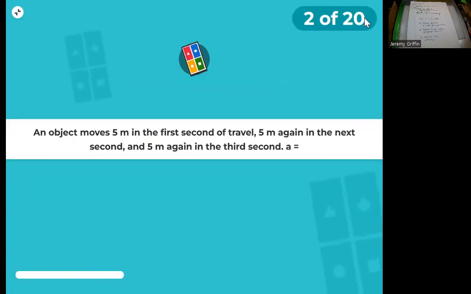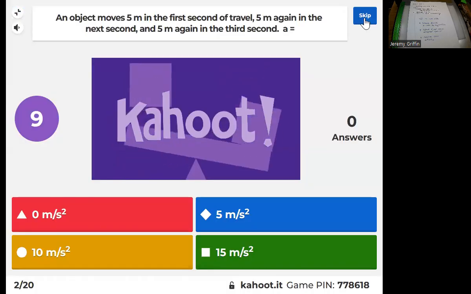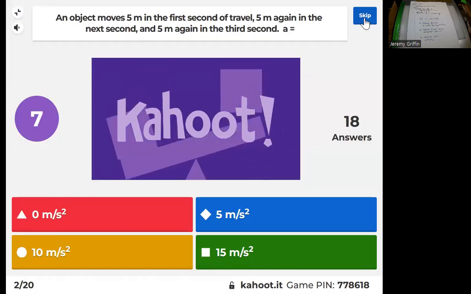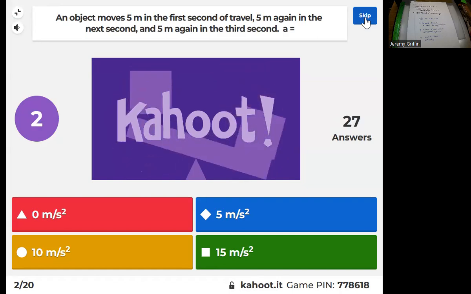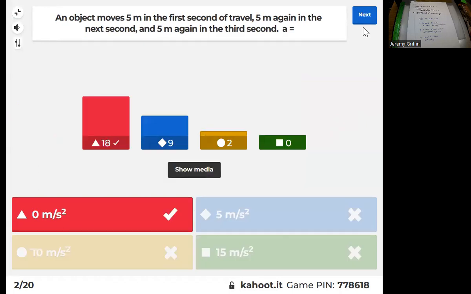An object moves 5 meters in the first second, 5 meters in the next second, 5 meters in the third second. What is the acceleration? Oh, pretty good. Most got that. Yeah, it'd be 0 meters per second squared.